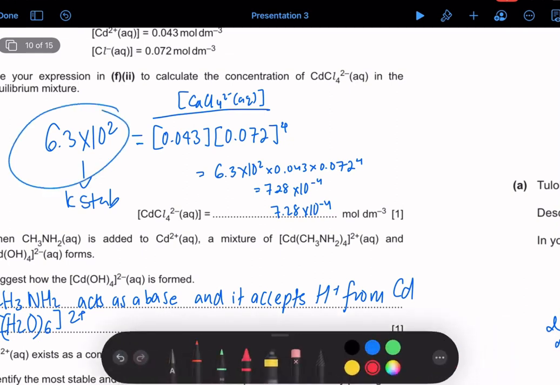Rearrange so that this goes to the other side, 6.3 times 10 to the power of 2 times the concentration, powered by 4. You get the concentration of CdCl4 2-, which is 7.28 times 10 to the power of negative 4.